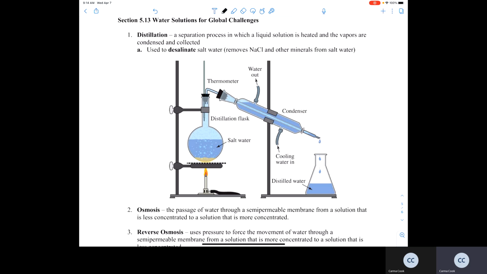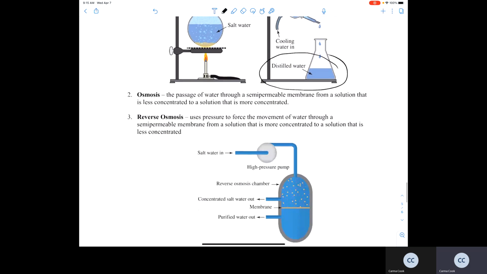But seawater has salt in it. So you need to desalinate the water, and you use the process of distillation to do that, which is basically boiling the water and letting the salt settle, boil away the pure water, and then you condense the water and turn the water vapor back into a liquid, and you've got pure distilled water with no salt.